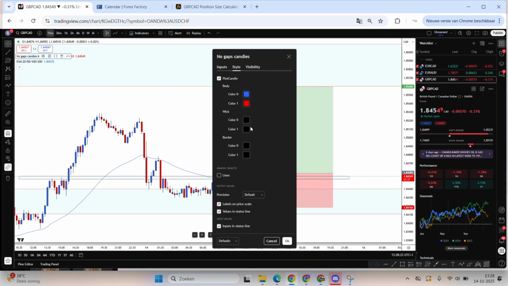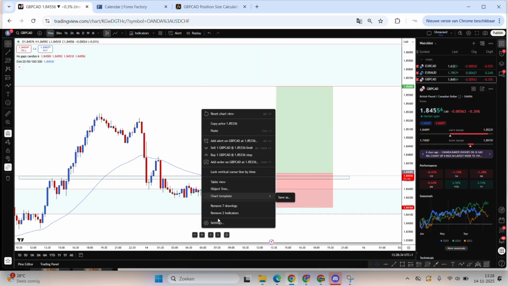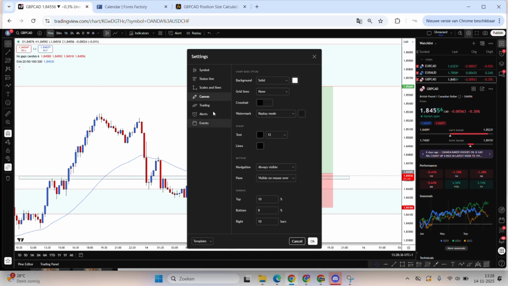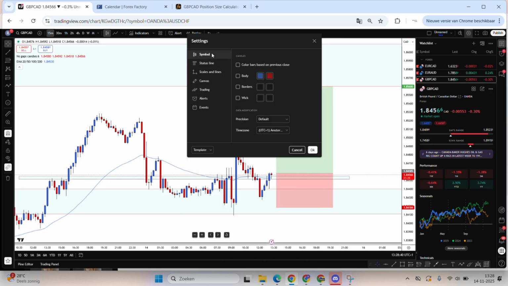You can change this into what I have, and if you do that, you can right-click, settings. Where are the candles? Symbol. So these three you untick.